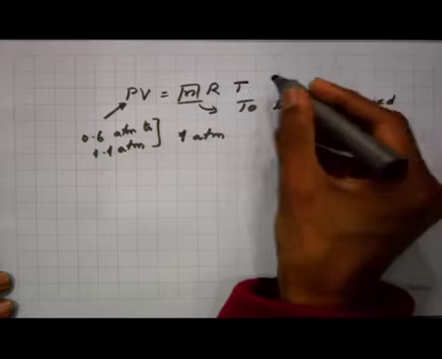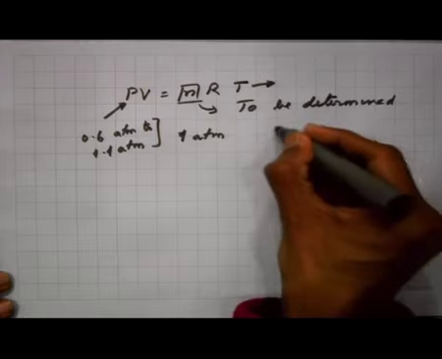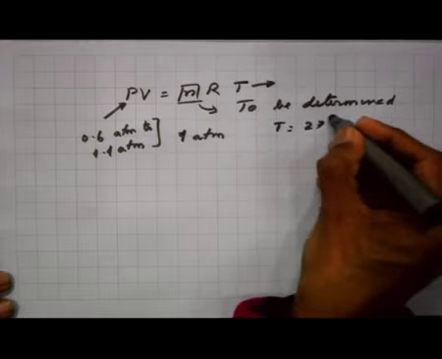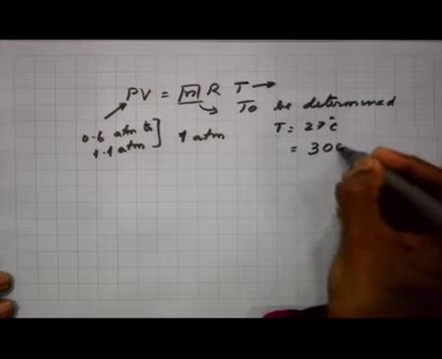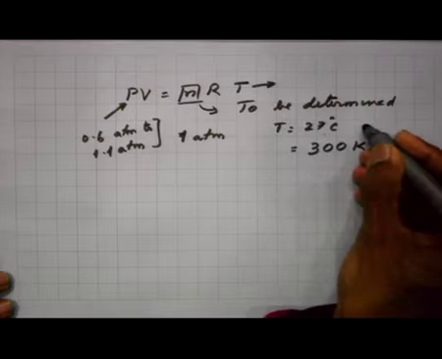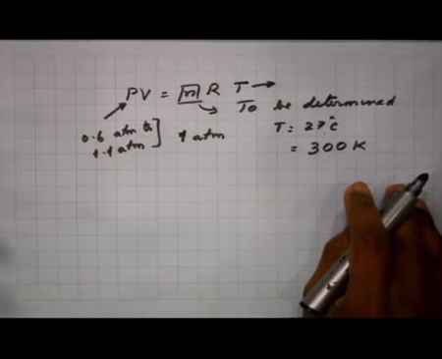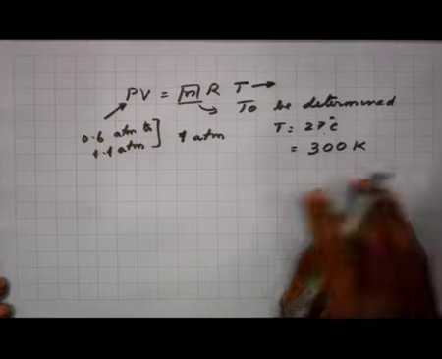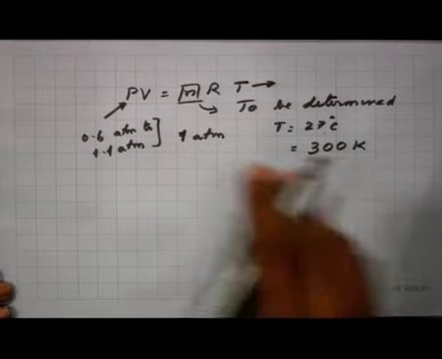I have chosen it to be 27 Celsius, which works out to be 300 Kelvin. So, I have taken this, added 273, and you would have noticed I have dropped the 0.15, that is good enough. So, I write it as 300 Kelvin just to get you a ballpark figure.